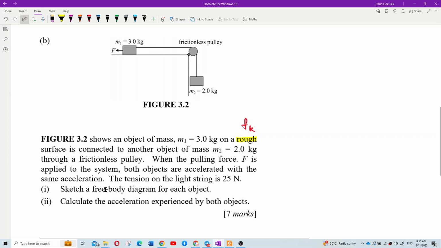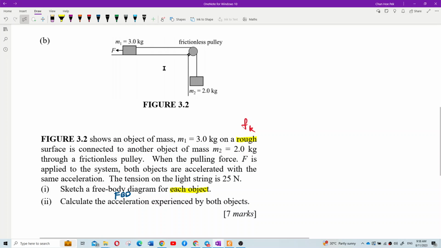Sketch the free body diagram for each object. This is a good question actually. You need to draw the free body diagram for each object, class.